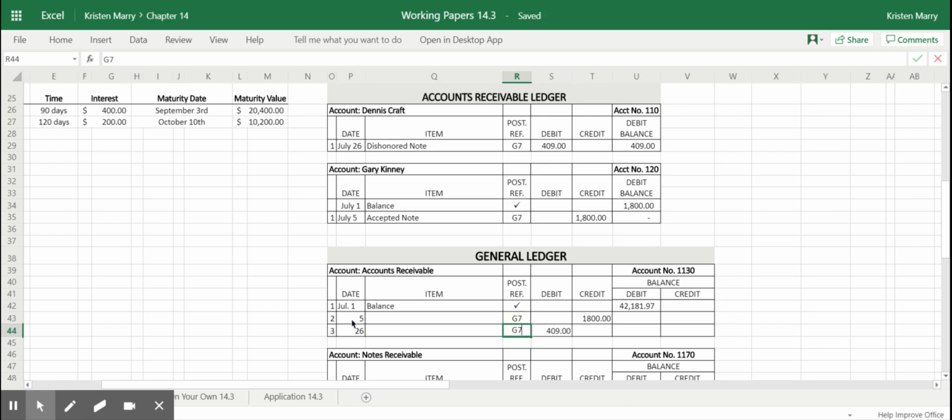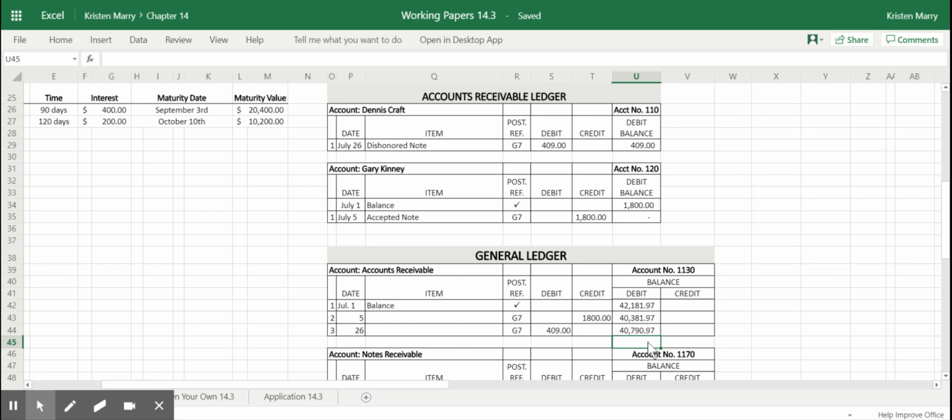Journal 7, Journal 7. So since it's debit and credit, they subtract one another. And then debit and debit, those will add together. So right now we have customers that owe us a total of $40,790.